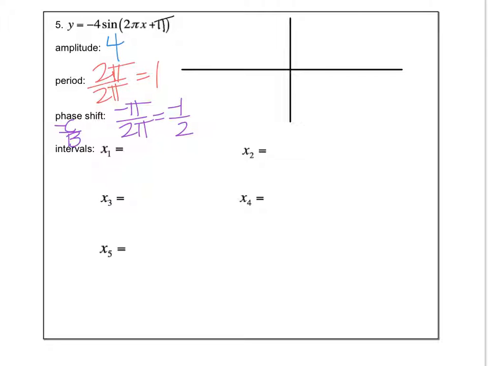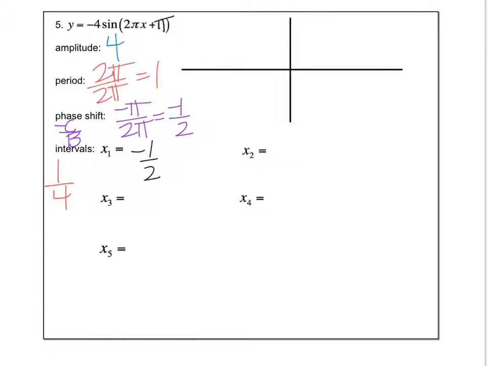To find your interval, you take the period, which is 1, and divide it by 4. So your intervals are going to be 1/4. Our starting value is going to be negative 1/2, because that's our phase shift. Then we have to go up by 1/4. Again, this is where I try to get a common denominator.